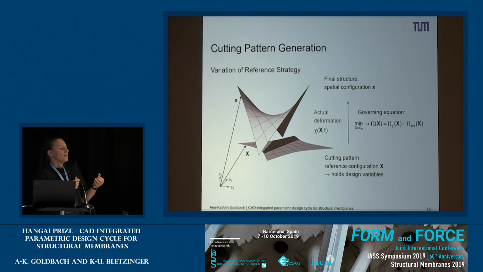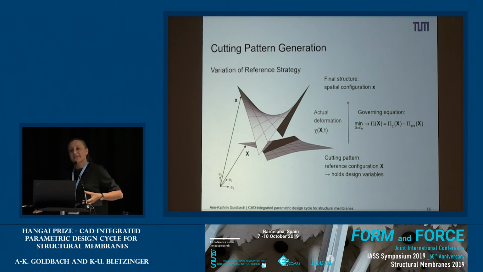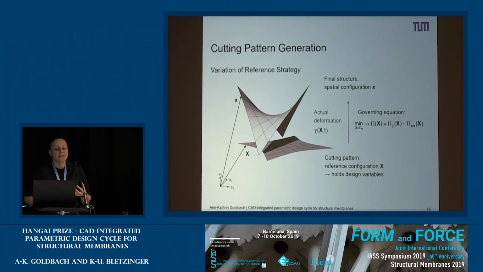So I have stresses because of the deformation, and I will have stresses in the final state from pre-stress. And the movement and the pre-stress state all add up to this potential energy, and if I manage to minimize this energy, I will have found the best solution for my cutting pattern.